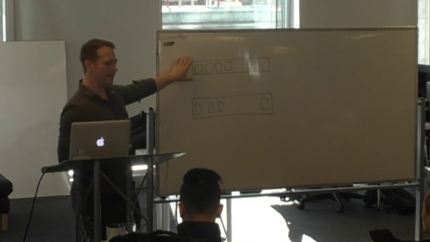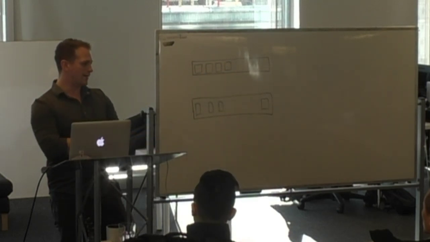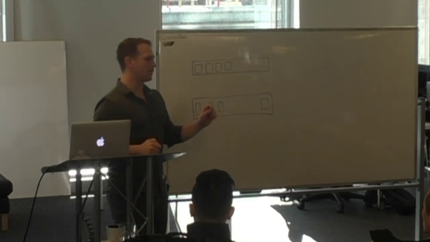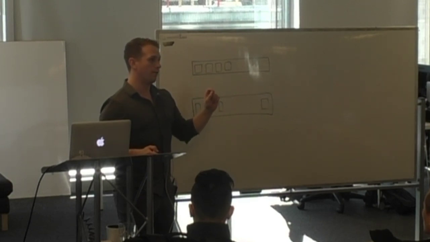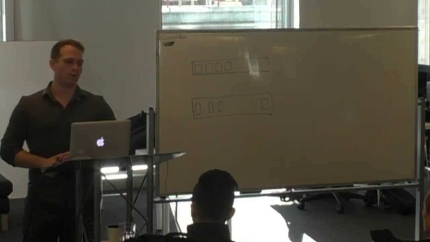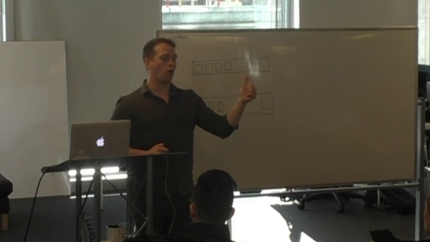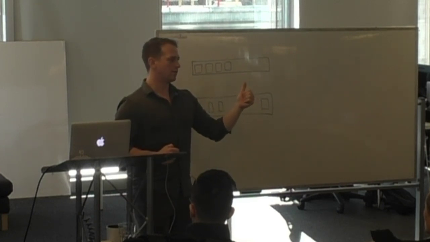As soon as something becomes a flex container, everything inside of it stops following the text document flow algorithm, and it starts following the flexbox layout algorithm. The flexbox layout algorithm starts with, first, treat all of my children as boxes.